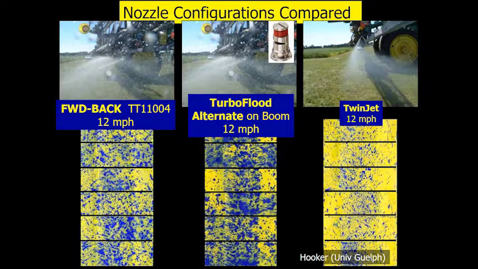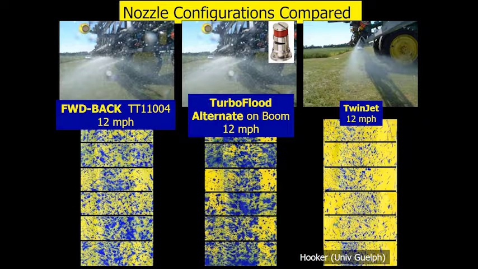So this is like a Cadillac design. Then we looked at this alternating turbo flood jet, which also produced very good coverage, and compared that with a twin jet, all at 20 gallons per acre, 12 miles an hour. You can see that the twin jet had very poor coverage compared to the forward-back and the turbo flood jet.